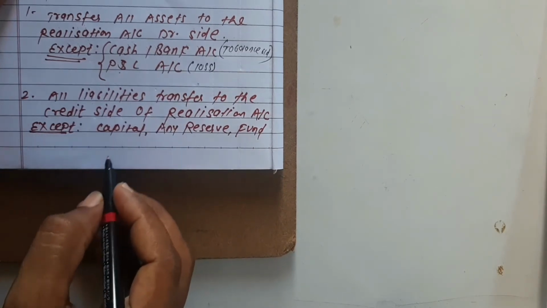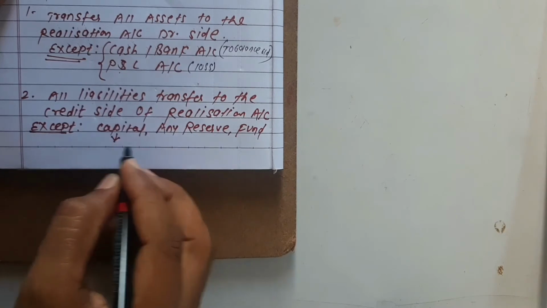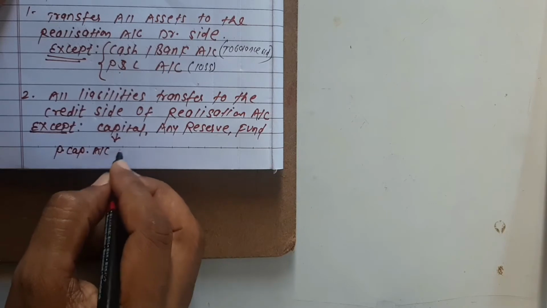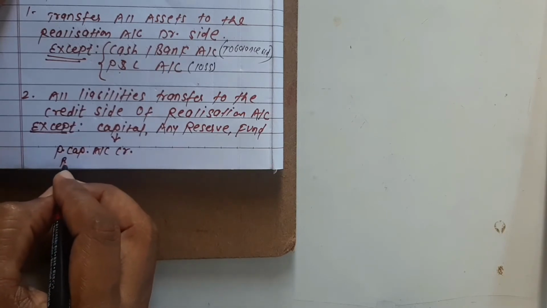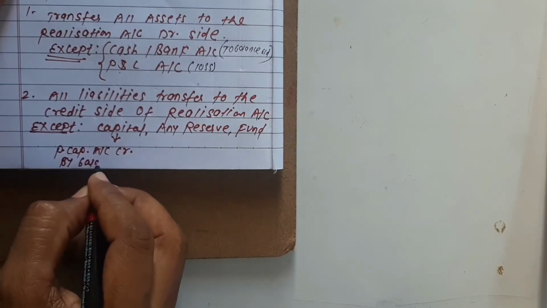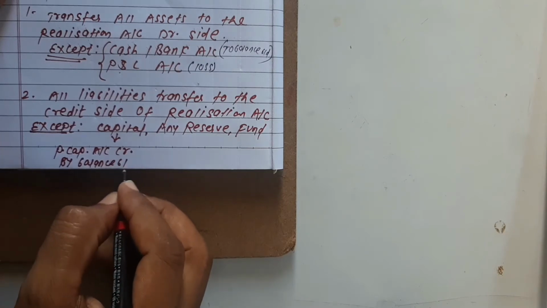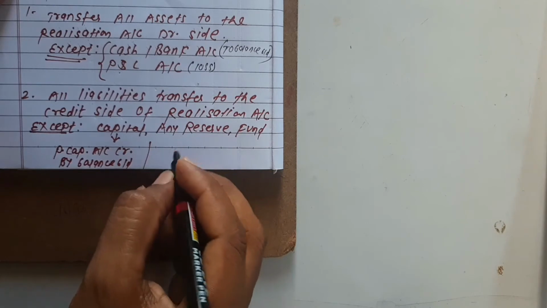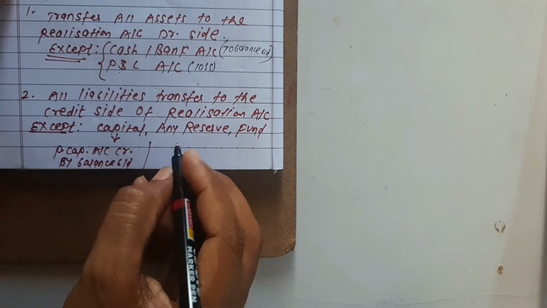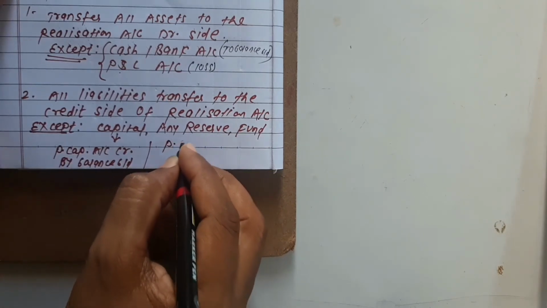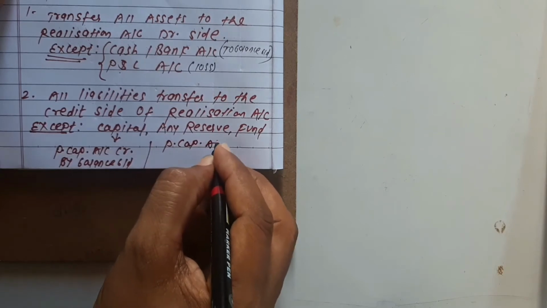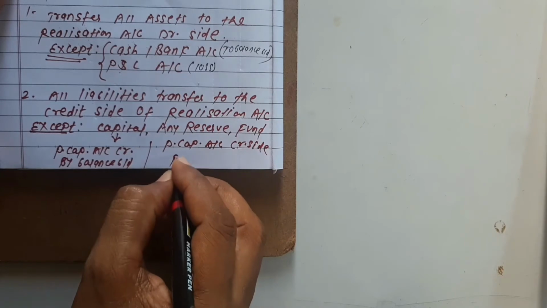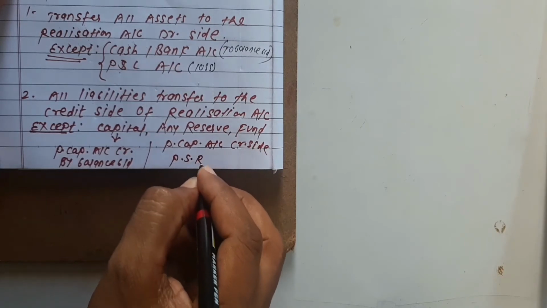Then what about this? So the capital goes to partners' capital account credit side by balance brought down, and the reserve and funds are to be distributed among the partners in the partners' capital account credit side in their profit sharing ratio.